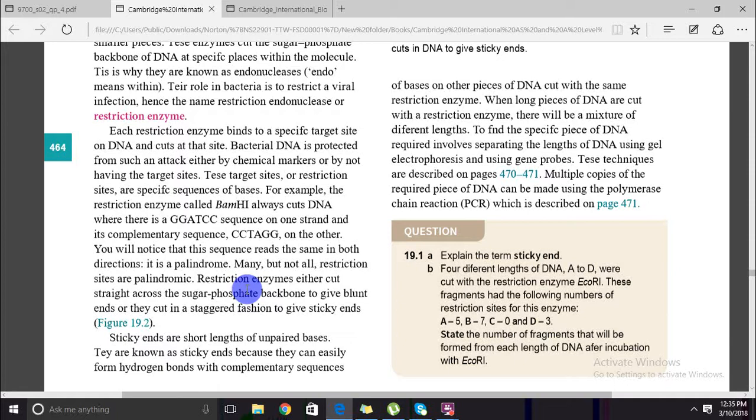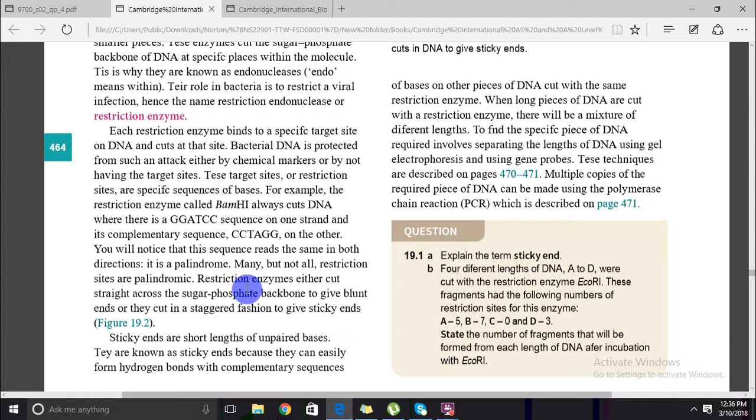You have one, you have a second, you have a third, you have a fourth, and you have a fifth restriction site. So how many sticky ends, how many fragments will you have? You will have 1, 2, 3, 4, 5. You will have basically 6 fragments.